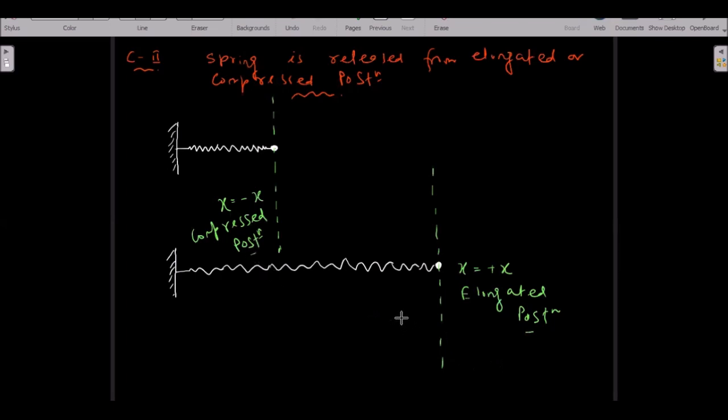And in between here, x equal to 0, that is the mean position. Draw the diagram.